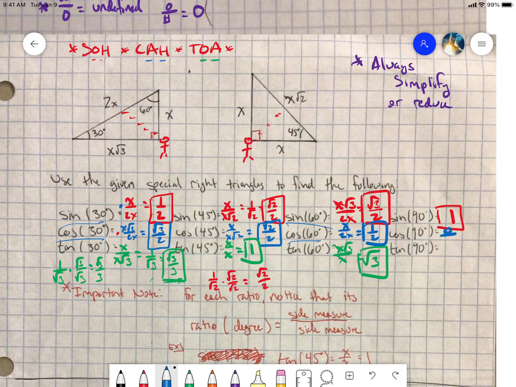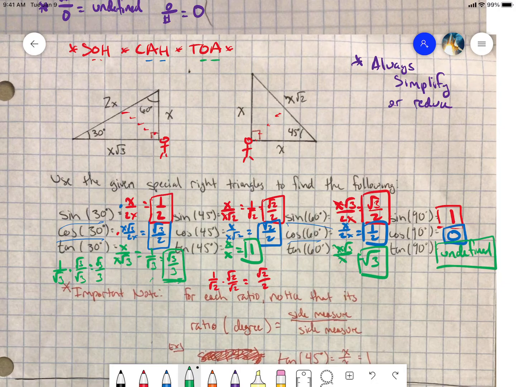So it's 0 over whichever number, either 0 over 2x or 0 over x rad 2, either one, which means that it's always 0. And then tangent of 90 will always be undefined. Tangent of 90 will always be undefined.